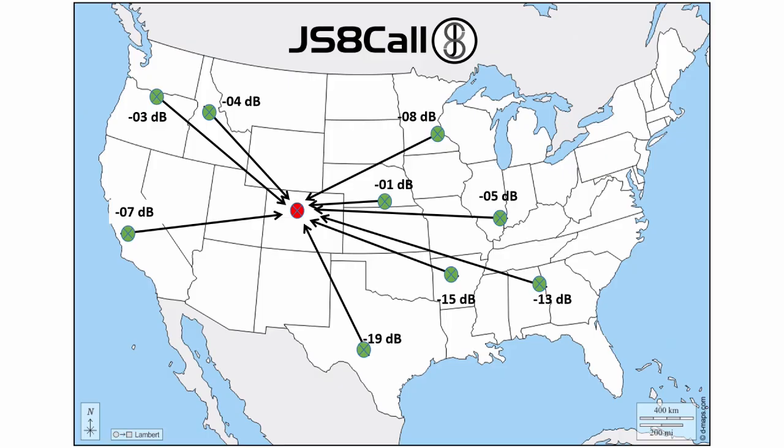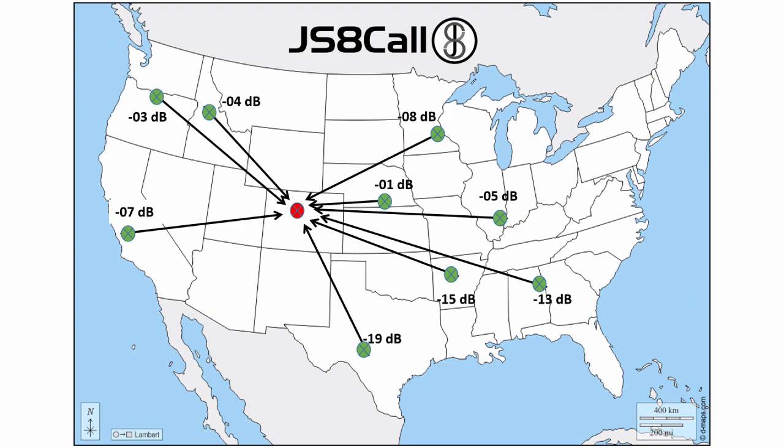Now, JS8Call doesn't provide a map, but this is why you want to build a network. And a lot of our operators leave their stations on throughout the day, and they build a network of stations that are sending and receiving SNR reports. This gives you a really good understanding of how your station is doing at different times of the day on the different bands.